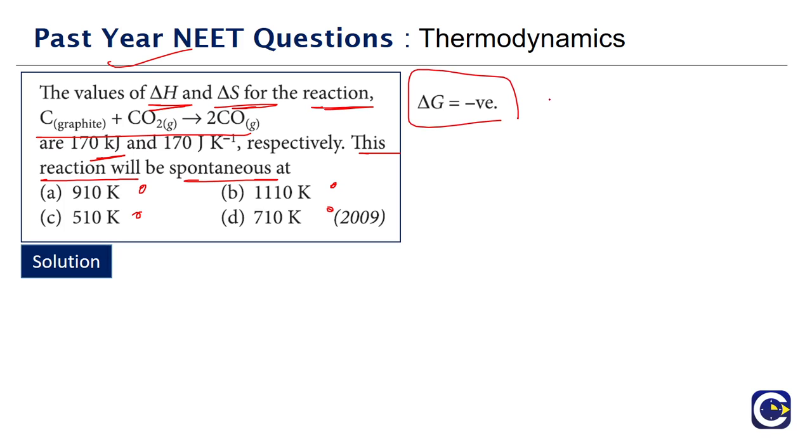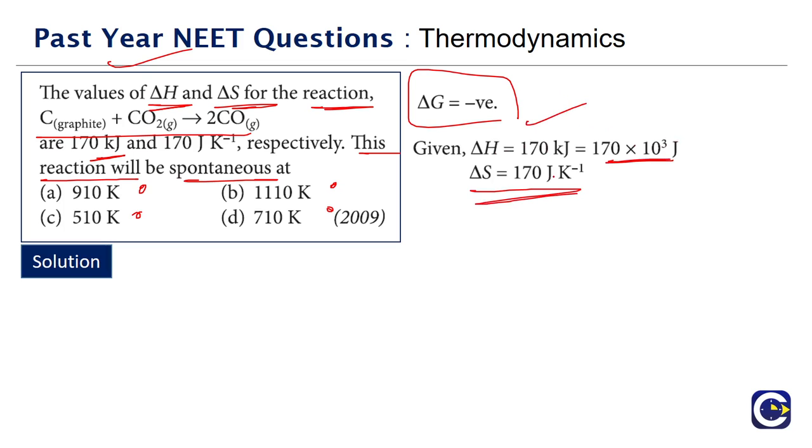For spontaneity, the del G value must be negative, that is the condition. Delta H is 170 kilojoules, which means 170 into 10 power 3 joules, and delta S is 170 joule per Kelvin. Del G negative means, by the Gibbs-Helmholtz equation, del G is del H minus T del S, should be negative.